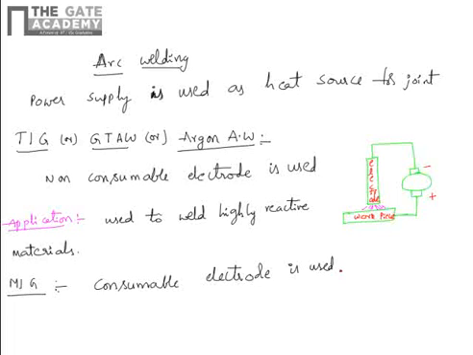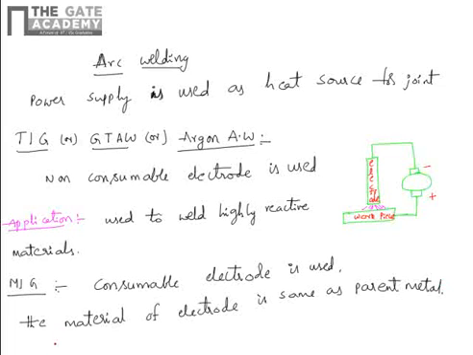Here MIG is metal inert gas welding. The electrode material is same as the parent material. Suppose you are joining aluminum plates, then the electrode has to be an aluminum electrode, because it will form the joint, it will be part of the joint. So that's why the material of the consumable electrode is same as the parent material.